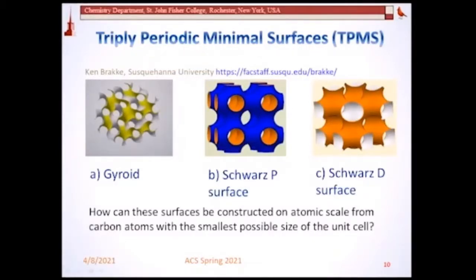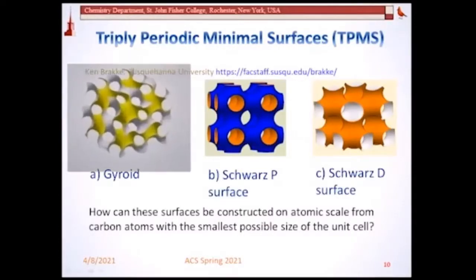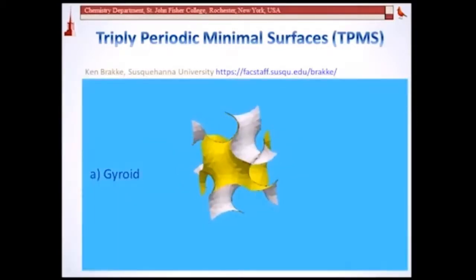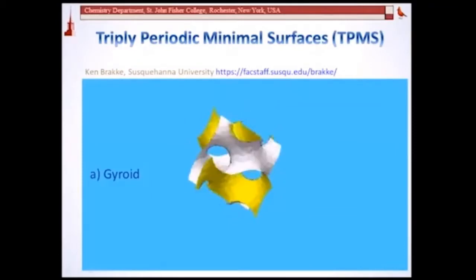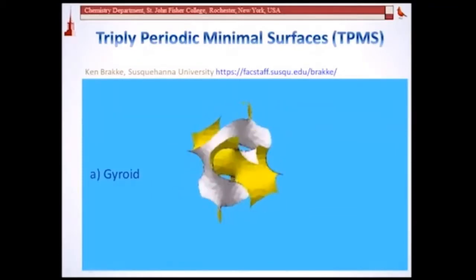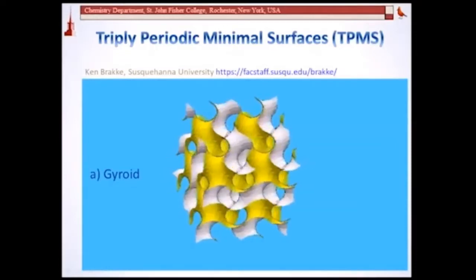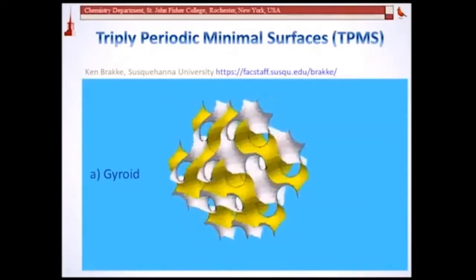They were known since the 19th century. And so the gyroid has that interesting symmetry. It doesn't have planes of symmetry, but there is certain symmetry there, and at some point it's a hexagonal symmetry. So fitting heptagons there is not quite easy.